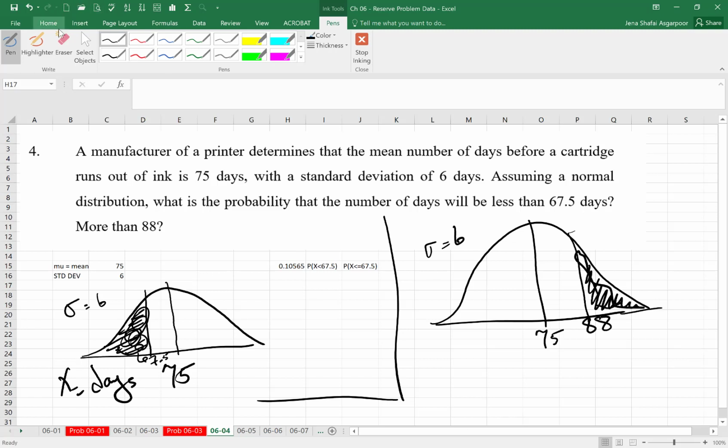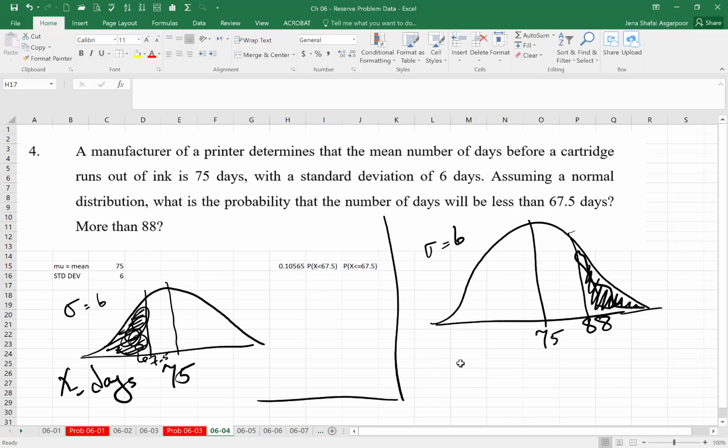So to find that with the normal distribution, we say equals.